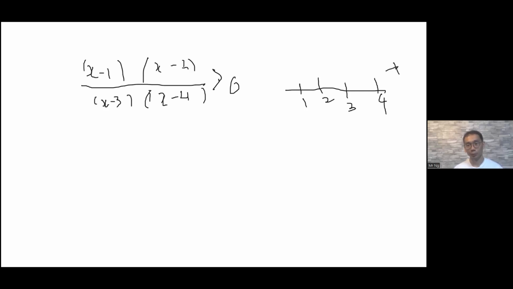So it will be positive, negative, positive, negative, positive.